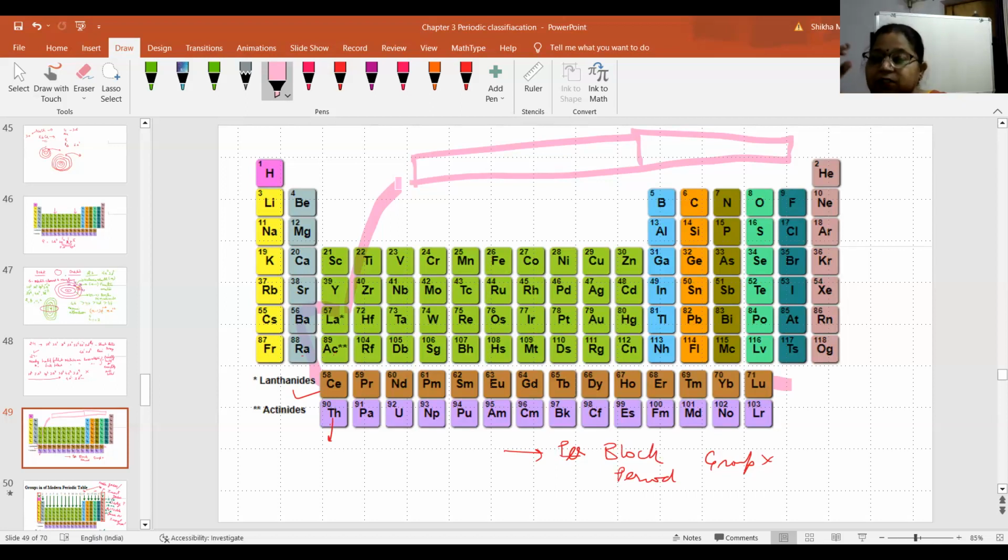So that means the periodic table will become unmanageable. That is one reason why F block elements, or lanthanides and actinides, are placed separately. One, it will become very long. Number 2, they show similarity in property.